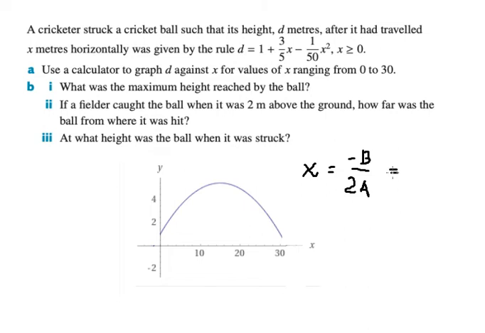So b in this situation is 3 over 5, over 2 multiplied by negative 1 over 50. And now we can get the final answer for S. So that should be 15.